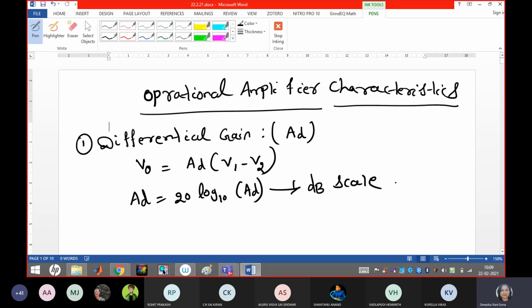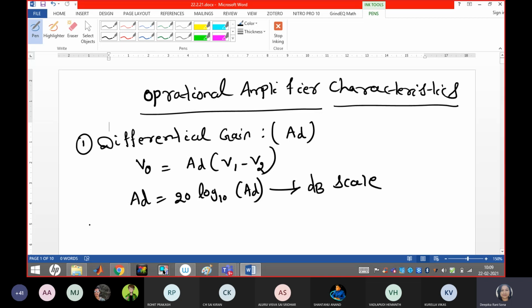What is the value of AD, meaning the differential gain? If the question asks, you have to represent this as 20 log of whatever value is given. Or suppose it is already given in dB and all the other units are in the normal scale, again you have to convert everything to dB scale, or vice versa, in that way you have to make the output.